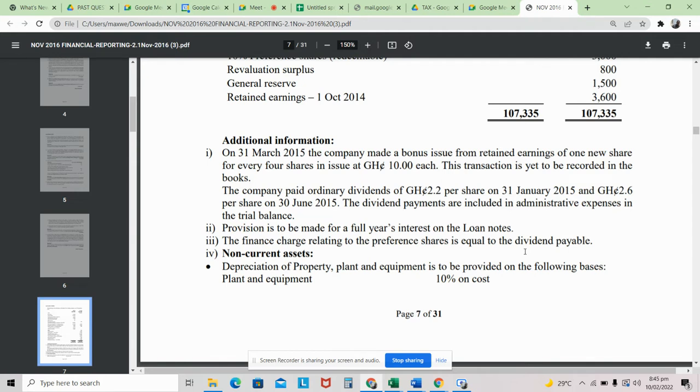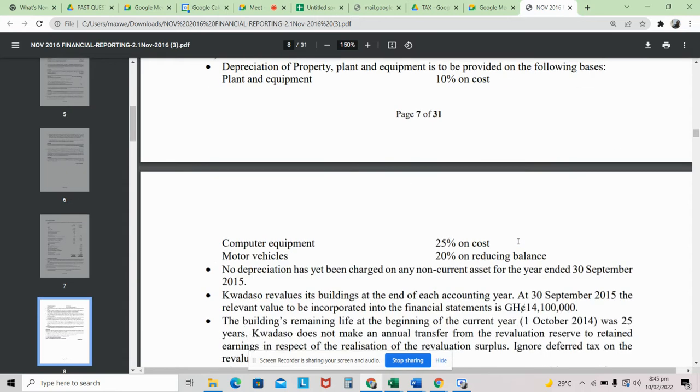Non-current assets: depreciation of property, plant and equipment is to be provided on the following basis: plant and equipment 10% on cost, computer equipment 25% on cost, motor vehicle 20% on reducing balance.